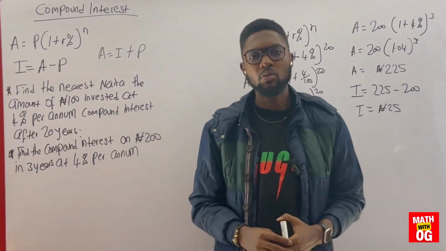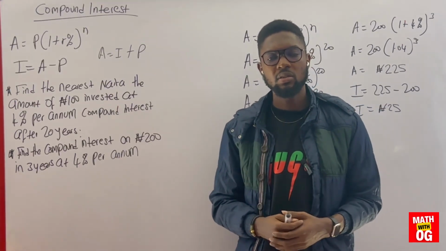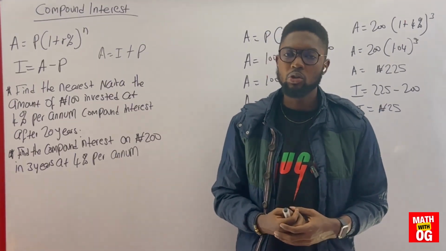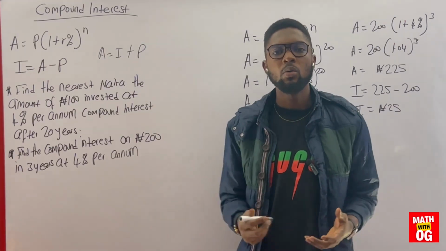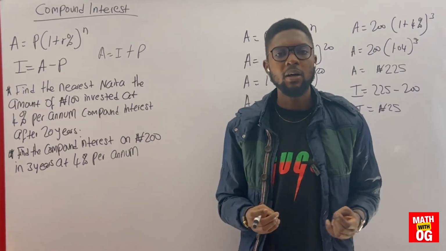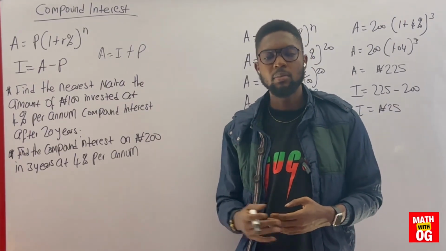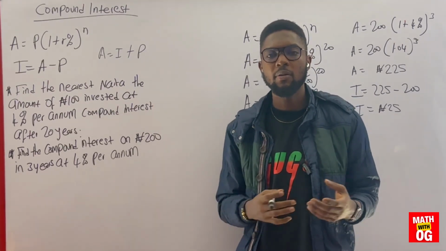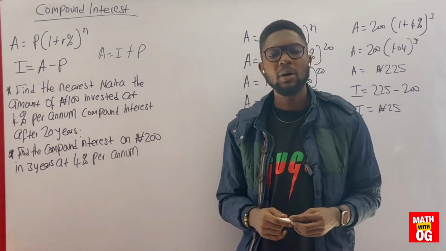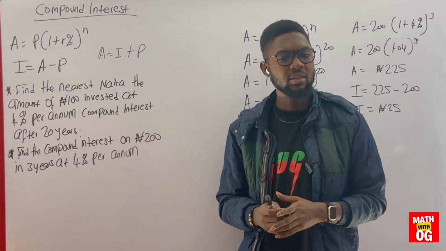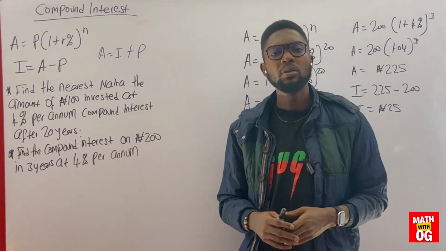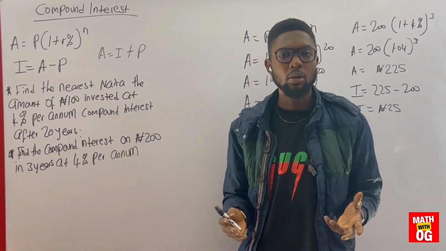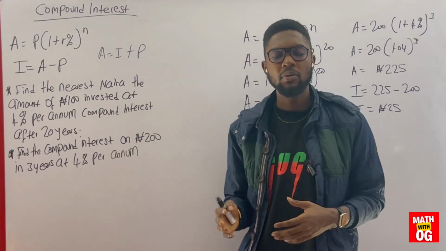So I believe that we've learned a lot under percentages. We did the introduction of percentage, then we learned how to convert from percentage to decimal, from percentage to fraction, and vice versa. Then we also did percentage increase and decrease. Then we did profit and loss, that's percentage profit and loss.